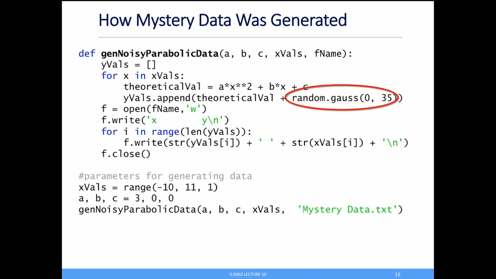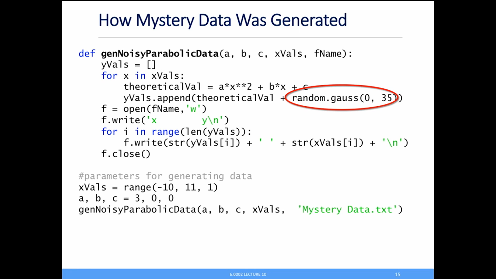So random.Gauss takes a mean and a standard deviation, and it generates noise following that bell-shaped curve or that Gaussian distribution. So the 0 says it's 0 mean, meaning there's no bias. It's going to be equally likely to be above or below the value, positive or negative. But 35 is a pretty good standard deviation. This is putting a lot of noise into the data.